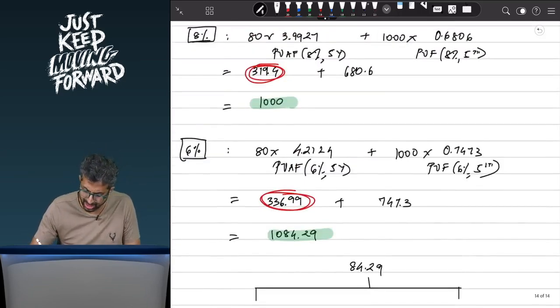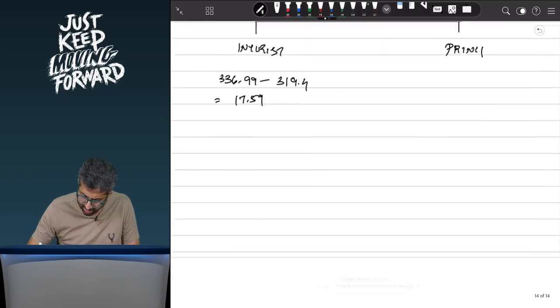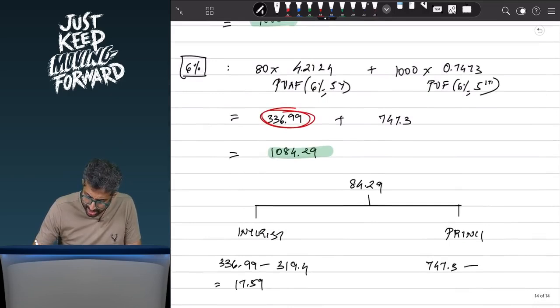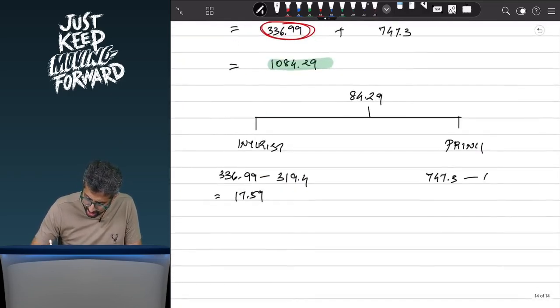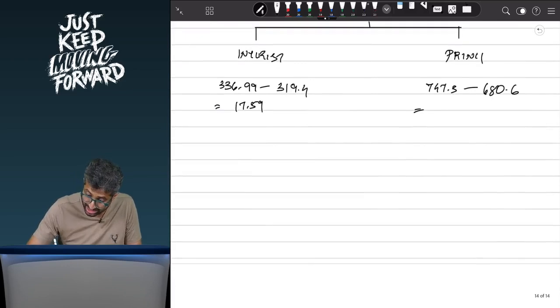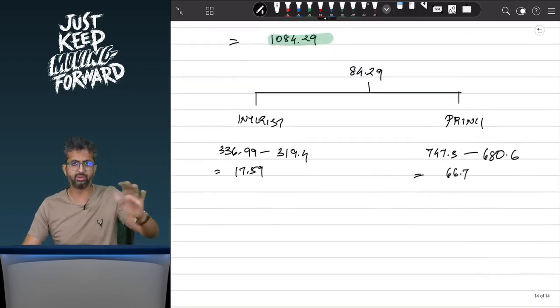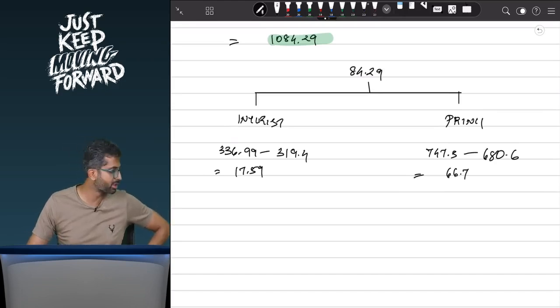Principal you can find as the balancing figure, or you can say 747.3 minus 680.6. If you take the difference, 747.3 minus 680.6 comes to around 66.7. Even if you did not do that, from 84.29 and 17.59, you could have found the difference.